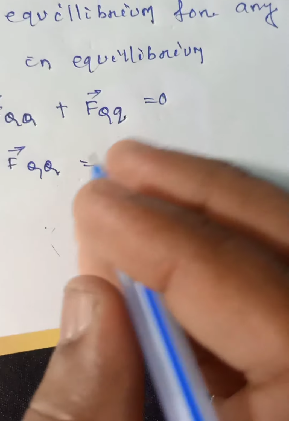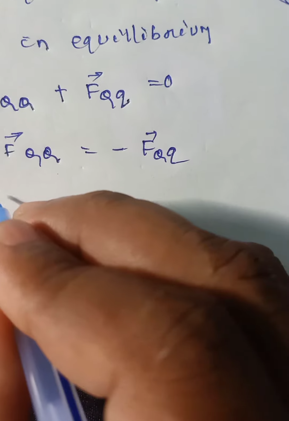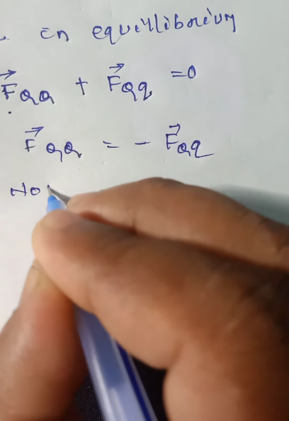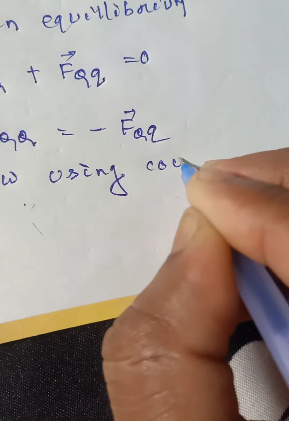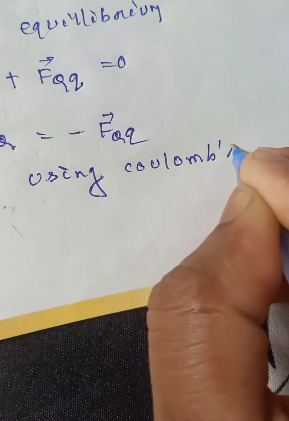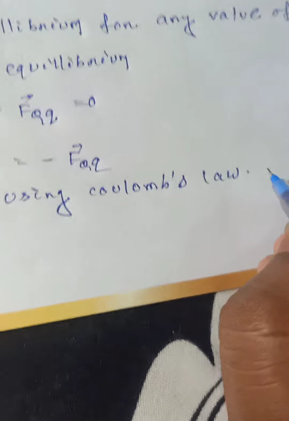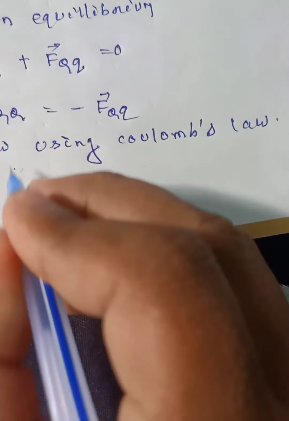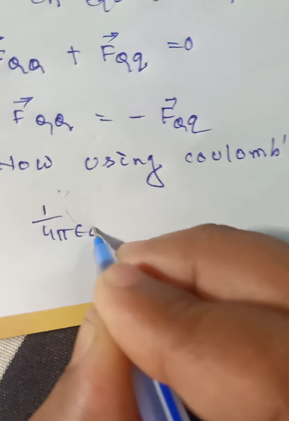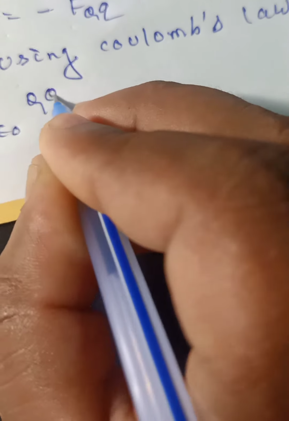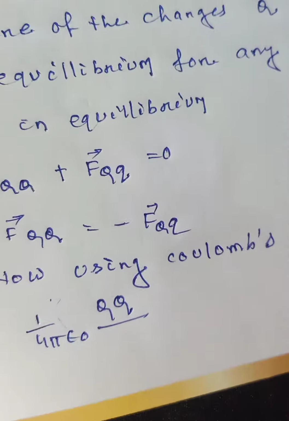Now using Coulomb's law, that means 1 by 4 pi epsilon naught, QQ divided by r square.